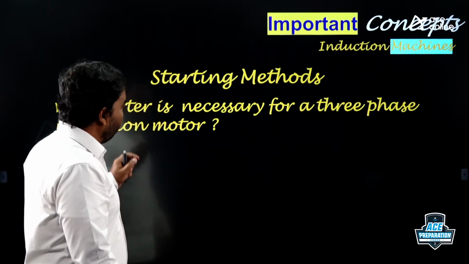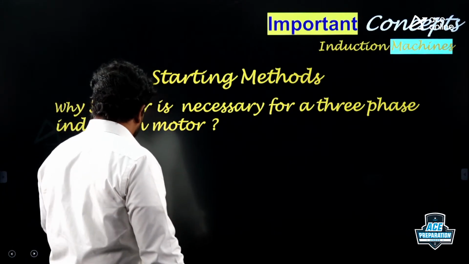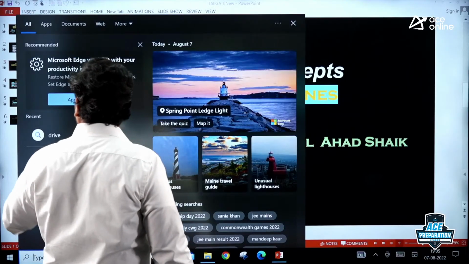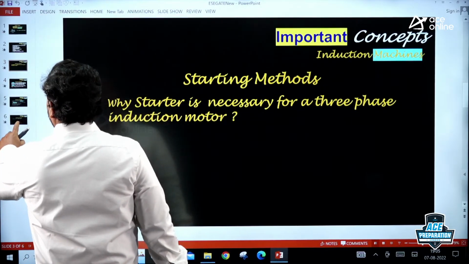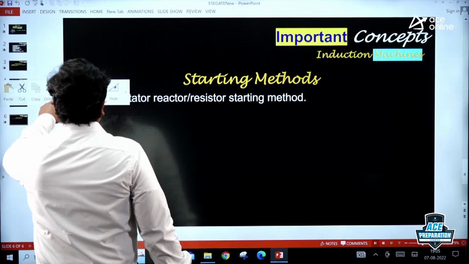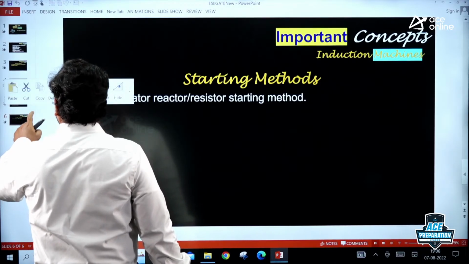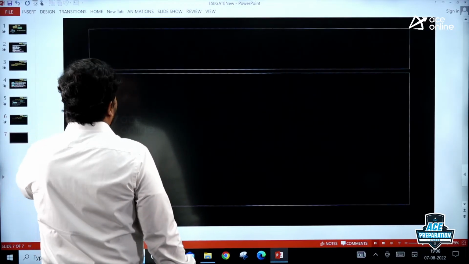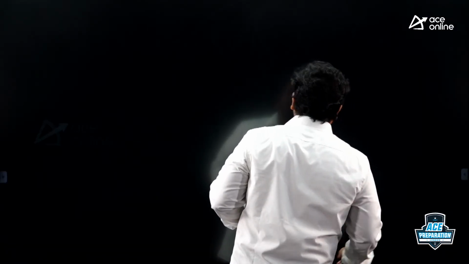Now we are trying to see why a three-phase induction motor will draw high starting currents. Just give me a minute. Why will it draw high starting currents?